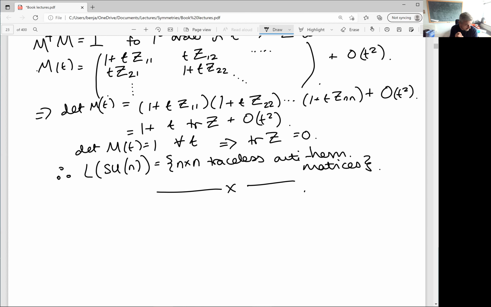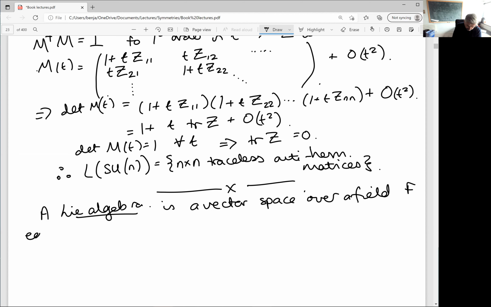So let's make another definition. We can define a Lie algebra algebraically. I can do that now. So a Lie algebra is a vector space over a field F, and it's equipped with a Lie bracket.